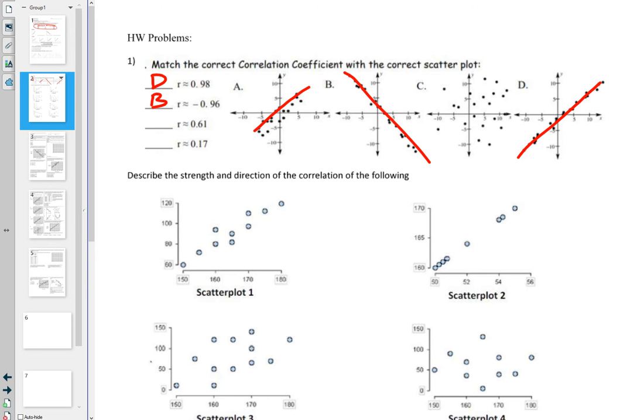No, we talked about that, the picture. I'm talking about these numbers, which is the stronger number, 0.61. So that would have to be A, which would mean that C would have to be 0.17.